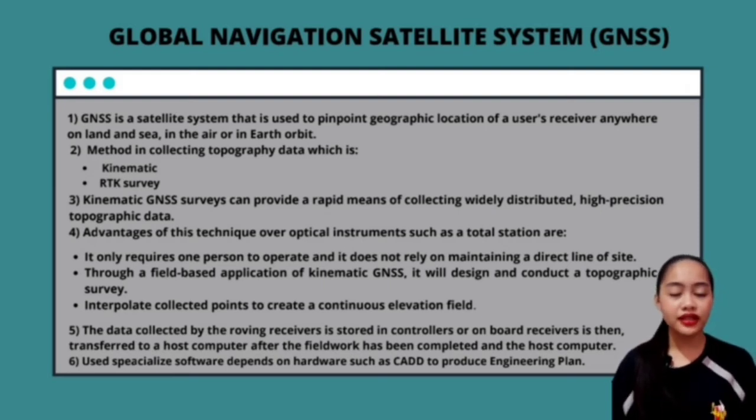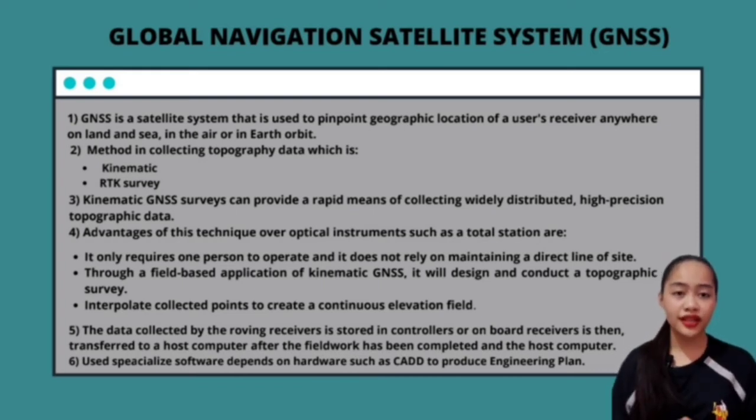There are two methods in collecting topography data, which are kinematic and RTK survey, that are totally different concepts from the total station, using less equipment and labor but needing proper skill to handle the instruments.